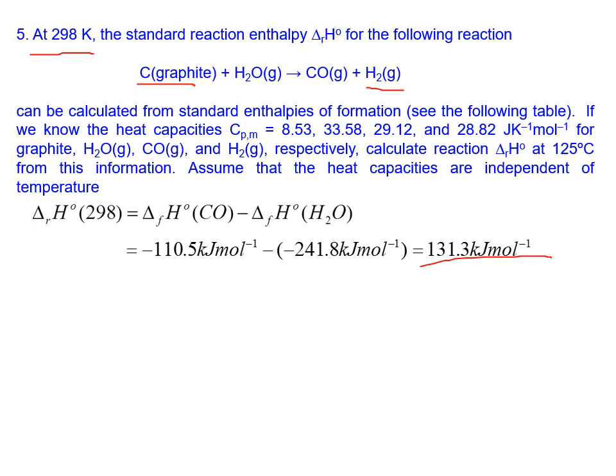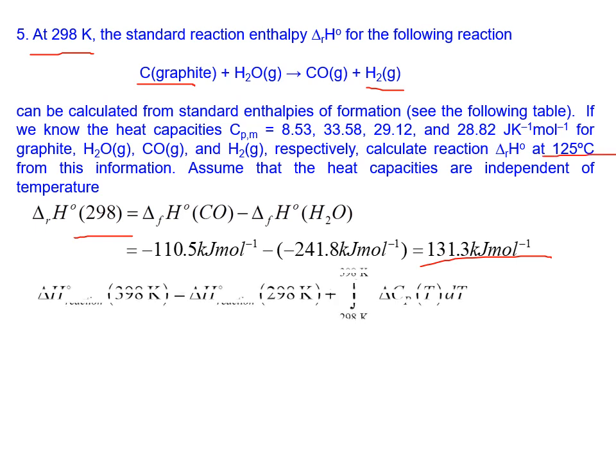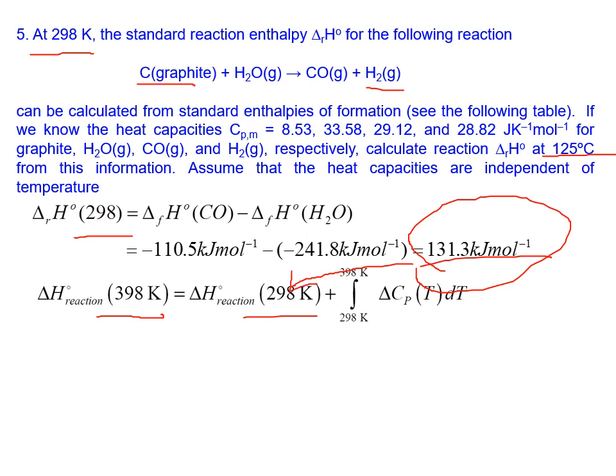Now, we have the 298 Kelvin reaction enthalpy. We want to calculate at 125 Celsius, or 398 Kelvin. You use the 298 Kelvin reaction enthalpy plus a temperature correction.